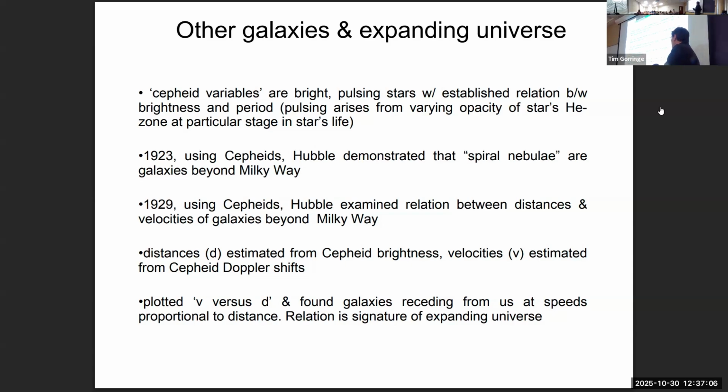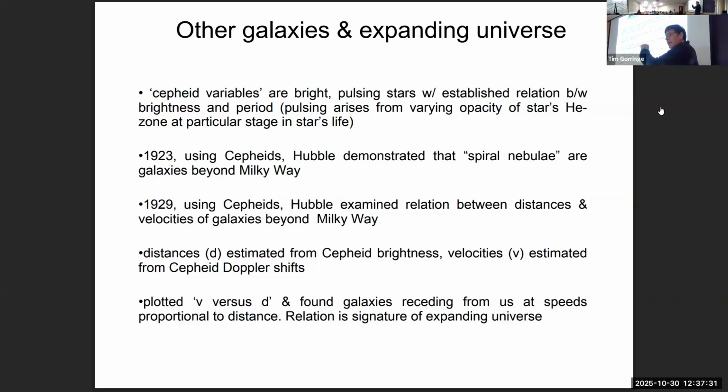He built on that to look at the relationship between the distance to these galaxies and the motion of the galaxies, whether they were moving towards us or some moving away from us, and what the speeds were of their receding or approaching motion. So he used the Cepheid variables for those measurements.